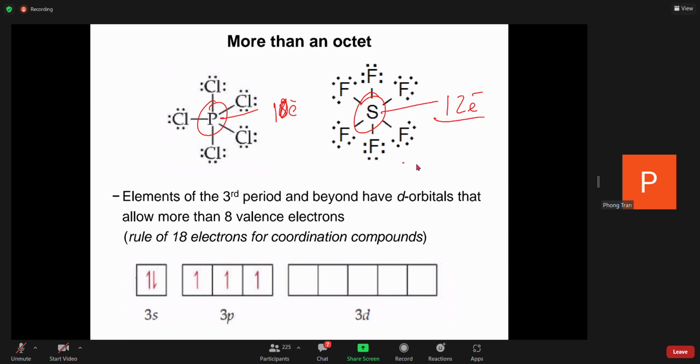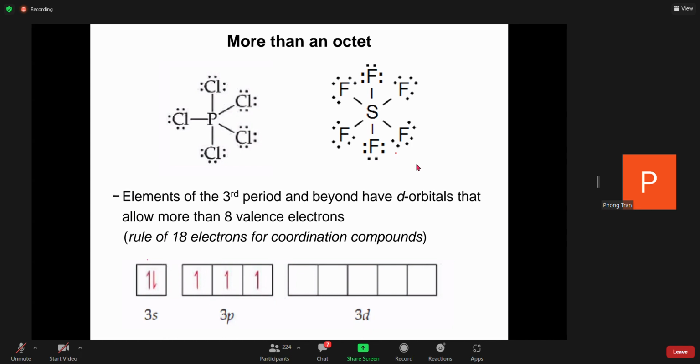So in this case, you can have a structure where the central atom has more than 8 electrons. But remember, it's acceptable only for elements from the third row of the periodic table of elements.